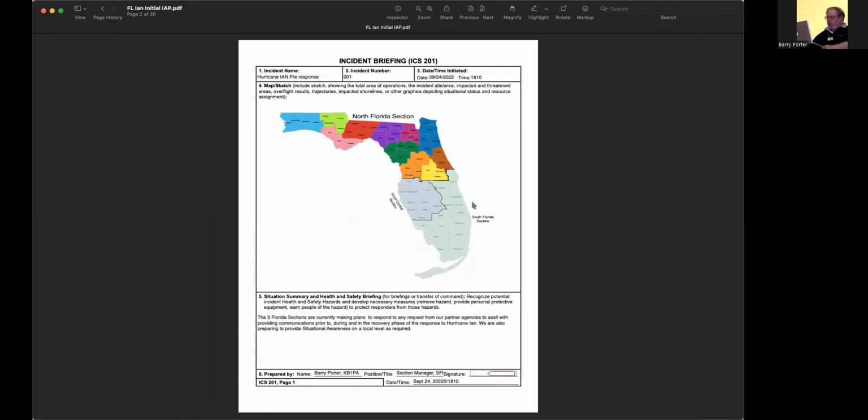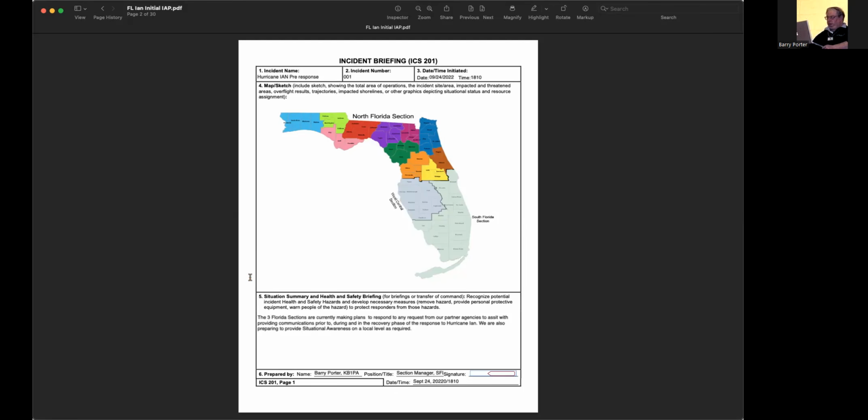So this is the page ICS 201. It's the map of the incident, and this is a generalized map of Florida that I got from the Northern Florida section. You see the 3 sections, the West Central and the Southern Florida section, and it gives a situation report and a safety briefing very briefly in part 5.